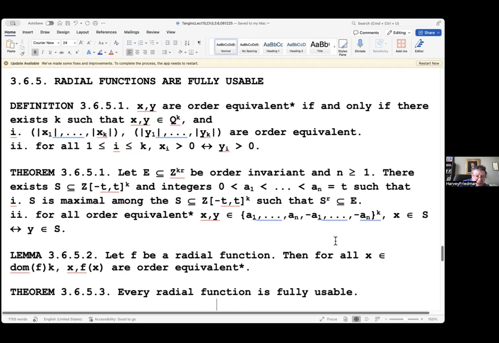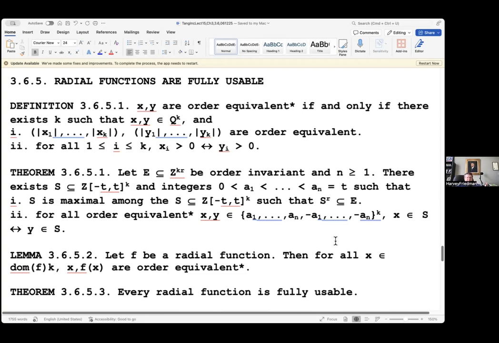All right. Now this star equivalence allows us to get involved in invariance where we have positive and negative numbers. See, normally we don't have this two-sided stuff. So let E be contained in Z, K, R be order invariant and n greater or equal to 1. Then I can find a subset S of Z, from minus T to T, and positive integers from 0 through T, such that S is maximal among the S such that S to the R is contained in E. In other words, S is a maximal solution to the constraint.